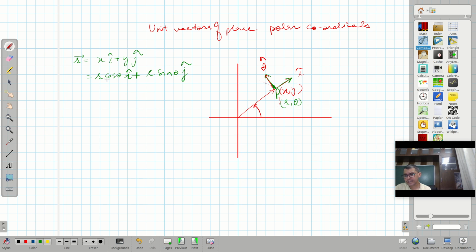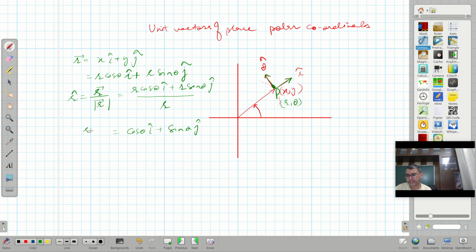So this is r. And what is a unit vector? So r cap, because it is a unit vector, is represented by a vector divided by its magnitude. So it can be written as r cos theta i cap plus r sin theta j cap, whole divided by r. So I can write it as cos theta i cap plus sin theta j cap. It can be represented like this.